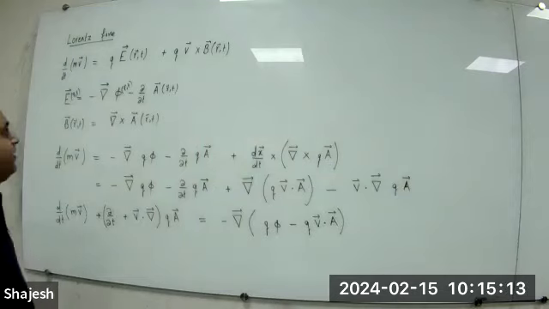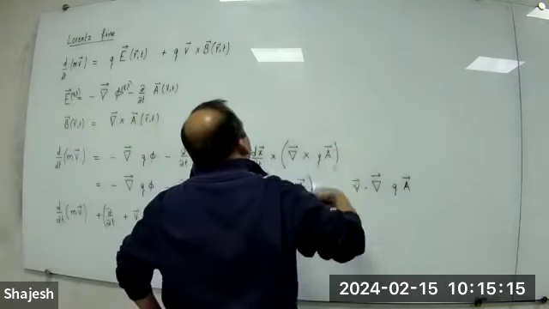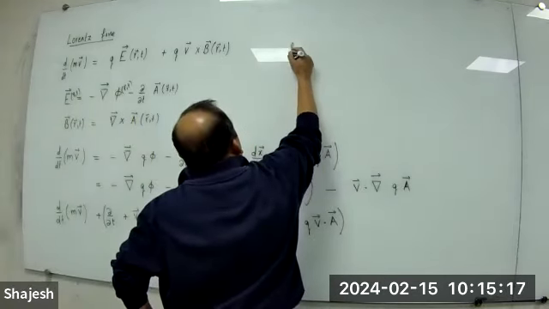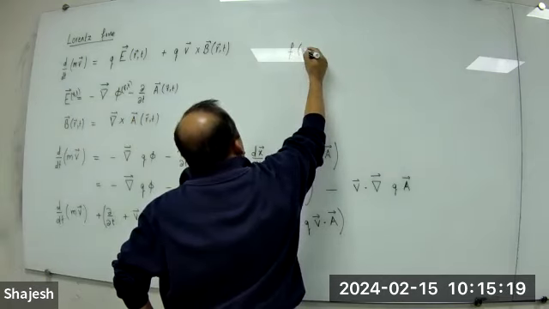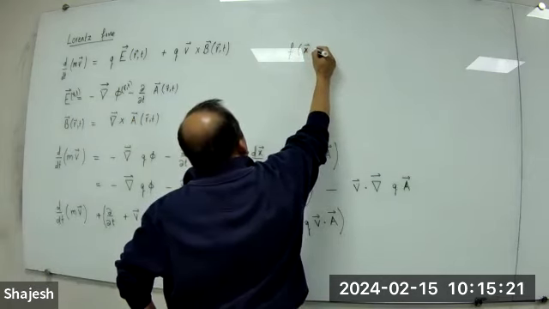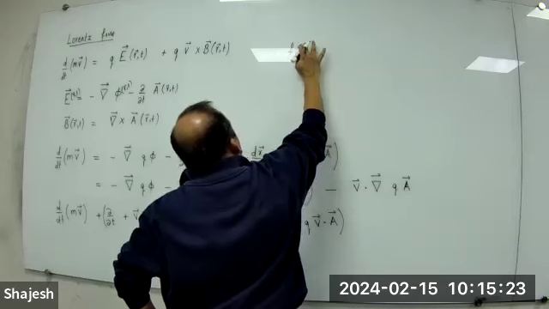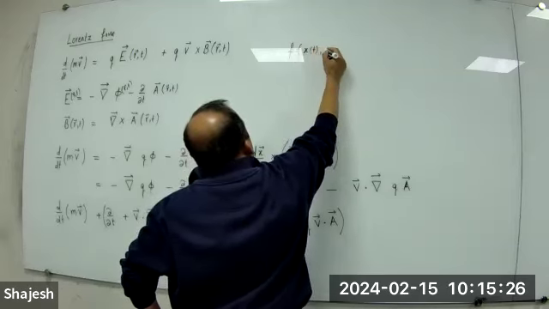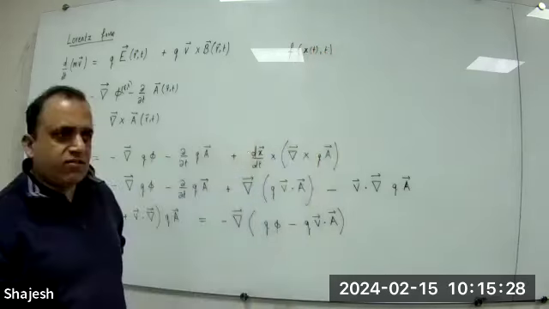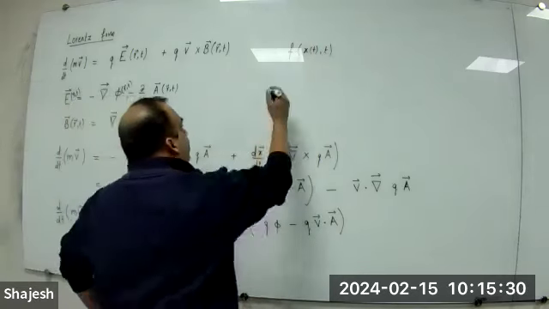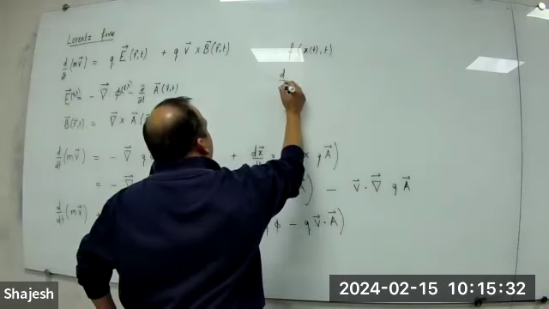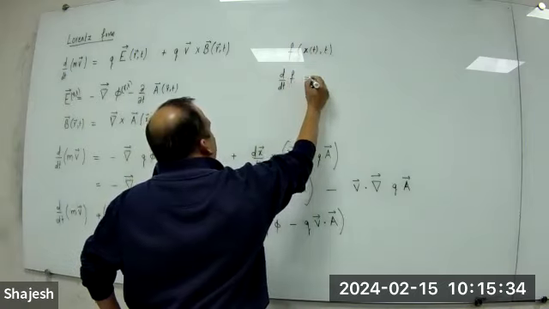Let's take f of, let's say, x as a function of time, let's say x alone, right? And t. So that's a function, let's do the total time derivative. What is that equal to?